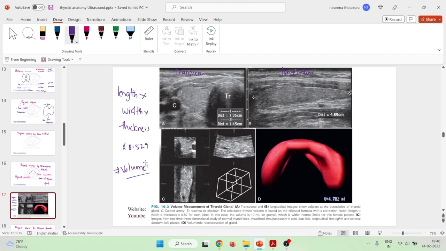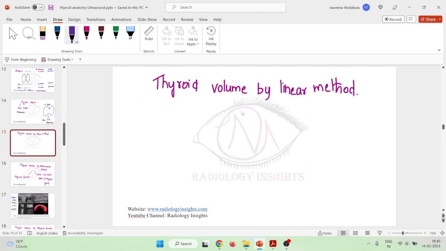And you also have one more method, which is called the linear method. In the linear method, what is most important here is the AP diameter. Among all the diameters of the thyroid, AP diameter is the most precise and most accurate in measuring the volume of thyroid gland.